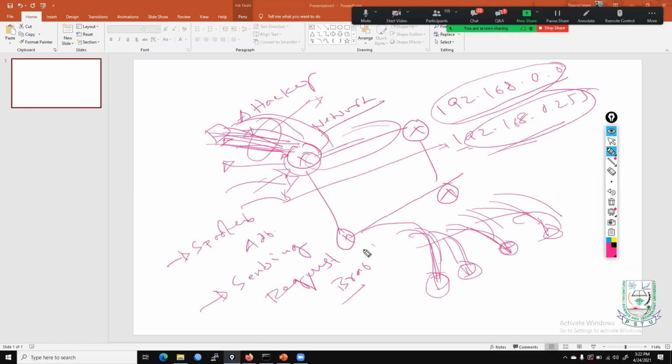Then each device inside the network receives the request from the broadcaster and responds to the spoofed address, which is the fake address, right? When the network devices get all the requests from the spoofed address, all of them send the echo reply against those requests. That's the third stage of the smurf attack.